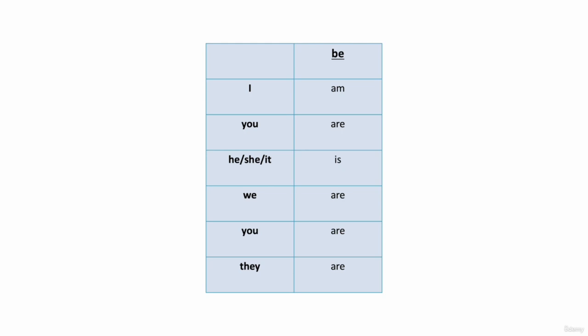The verb be is irregular, and this is how we conjugate it. I am, you are, he is, she is, it is, we are, you are, they are.